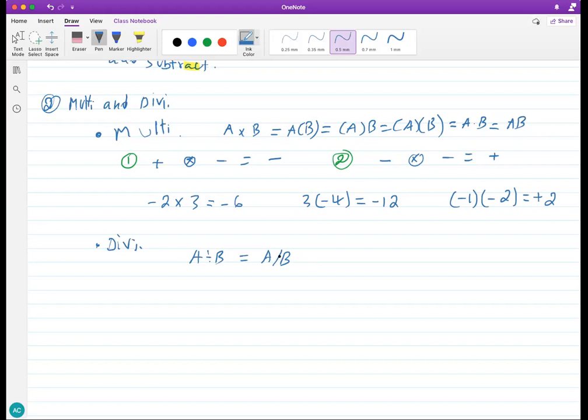Computer keyboards have a forward slash for division. Or we can express division as a fraction, A over B. I don't think there are any other ways to write division. In any form, they mean the same thing, and the rules are exactly the same.